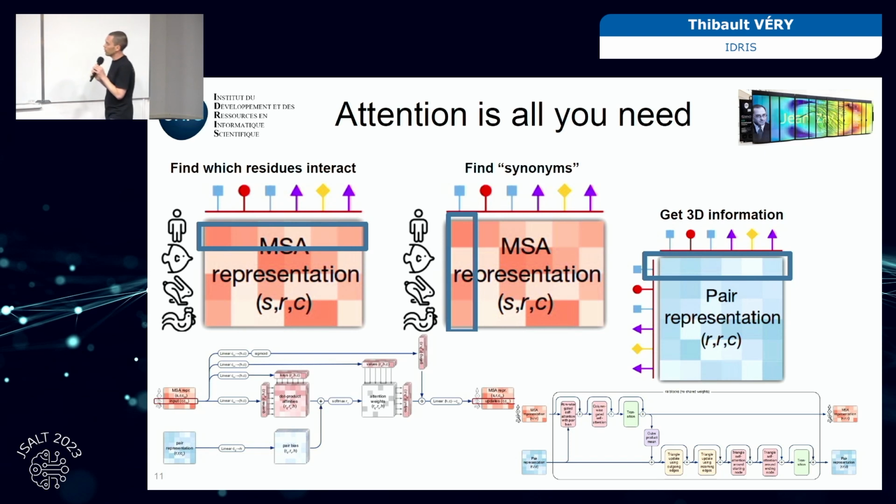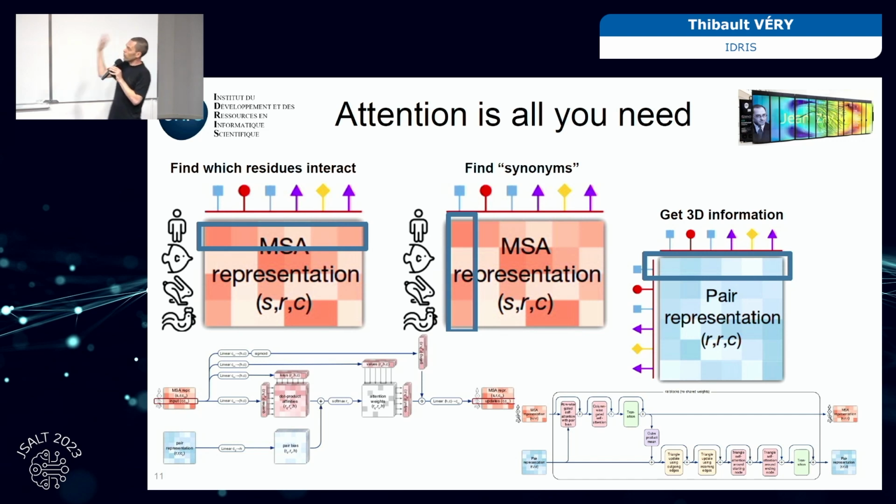And I told you that Darwin is helping us a lot here. We can have some synonyms for the amino acids, and that's why we also want to apply attention on the columns, because the columns represent similar structures but with different amino acids.